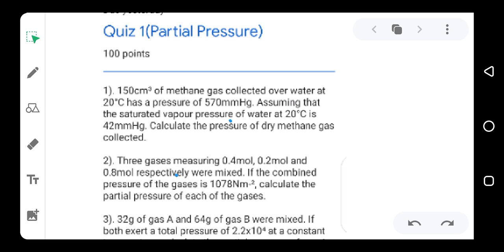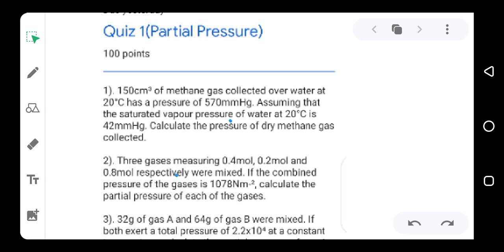So anything you are collecting over water, you are collecting it along with the vapor of water. So for you to get the pressure of the gas alone, you have to subtract the pressure of the water gas present at that temperature.